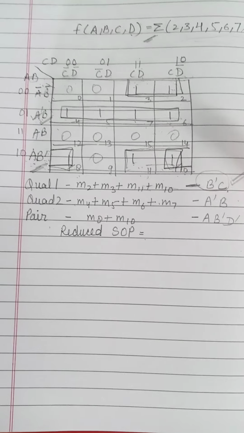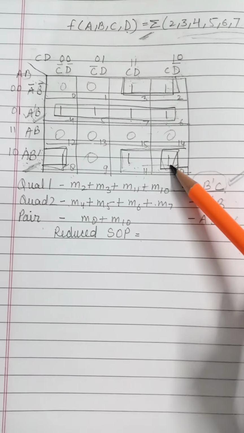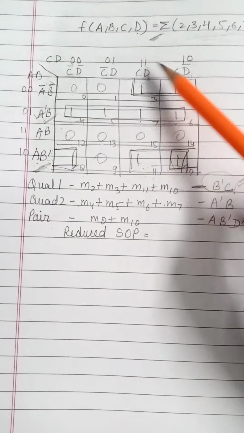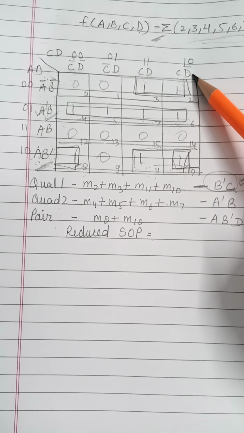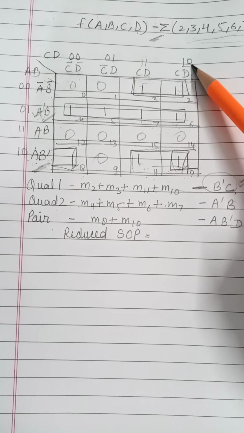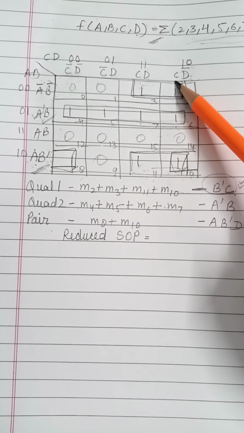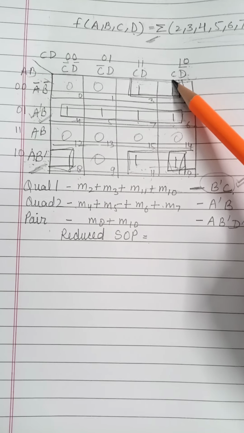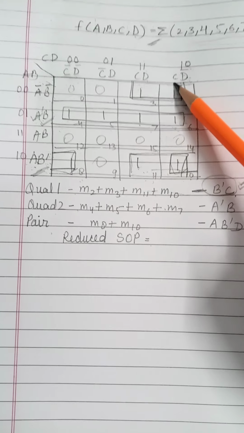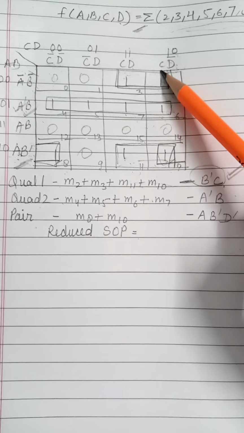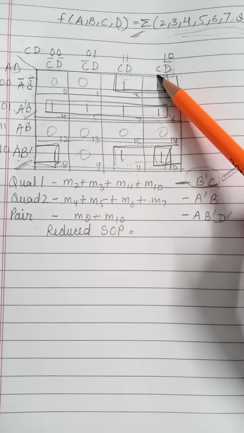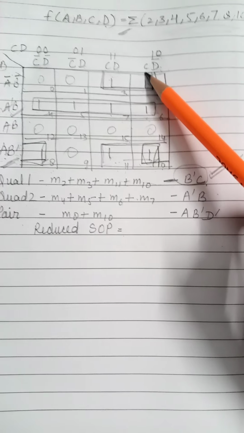Now come to the pair. This row is involved and these columns are involved: C bar D bar, C D bar. C is changing its state, so C will be removed. In a pair, only one variable is removed. In a quad, 2 variables are removed. In an octet, 3 variables are removed.